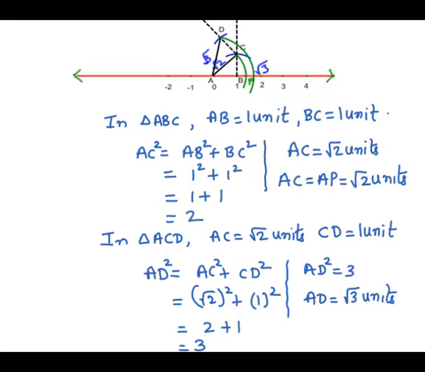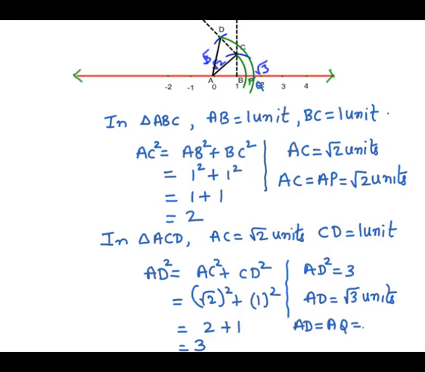Now, this location wherever the arc is intersecting, I am taking it as Q. Now, AD length and AQ length both are same. Why? Because with the same radius, AD length, I have drawn an arc intersecting the number line at Q. So AD radius and AQ radius both are same.